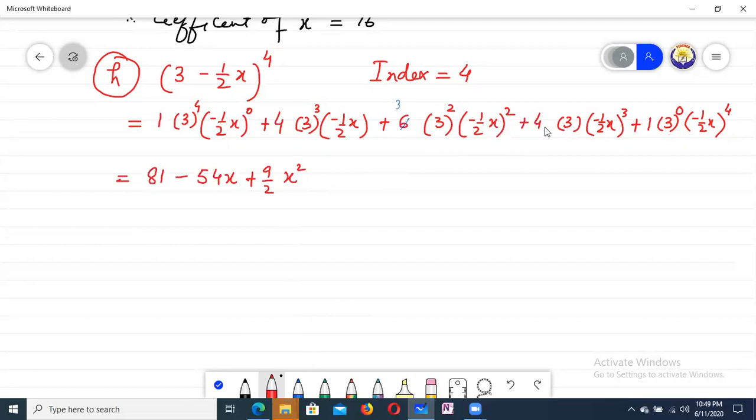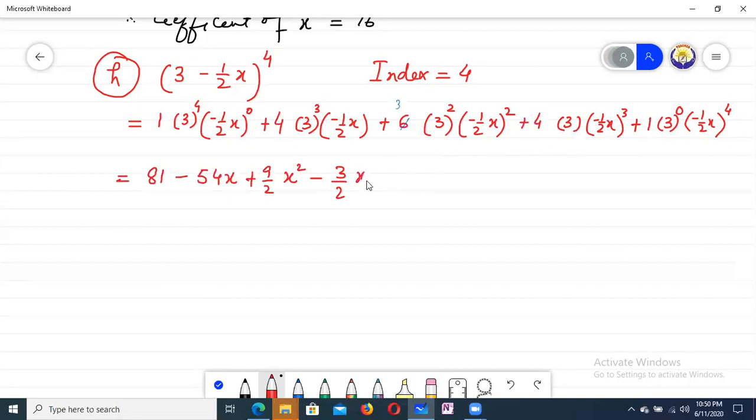Then after that, 4 3s are 12. 12 divided by this 2 cube will be 8. As minus 1 cube is minus 1, here will be minus. And here 12 divided by 8, we can write 3 divided by 2. 3 4s are 12 and 2 4s are 8.